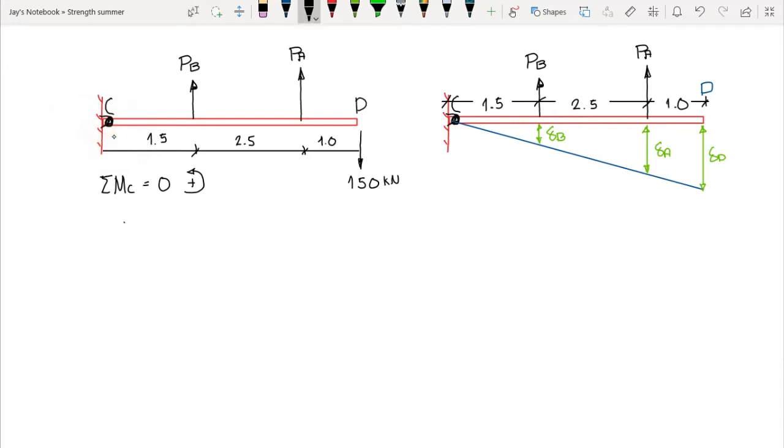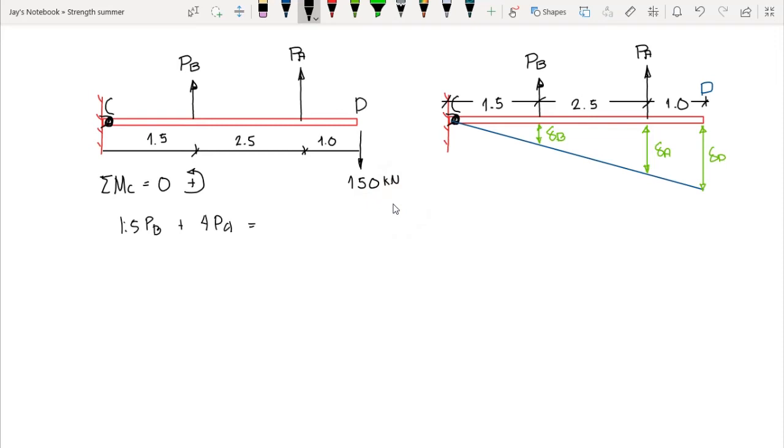So we have summation of moment at C is equal to 0, counterclockwise positive, then we have 1.5 PB plus 1.5 plus 2.5, that is 4 PA, is equal to, let's convert it into Newton, since eventually we will be converting all of this into Newton.